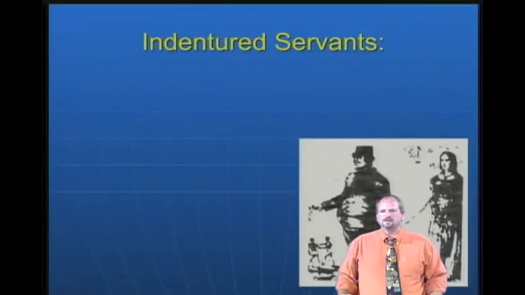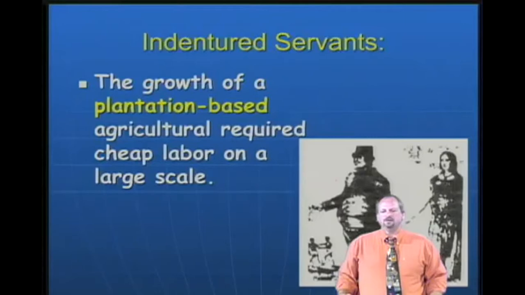The indentured servants. We've mentioned that these were people who were hired, their passage paid across the Atlantic to work on a plantation for a series of years before they would be freed and get a piece of land for themselves. The growth of plantation-based agriculture required cheap labor on a large scale, and these indentured servants became the first and primary use.